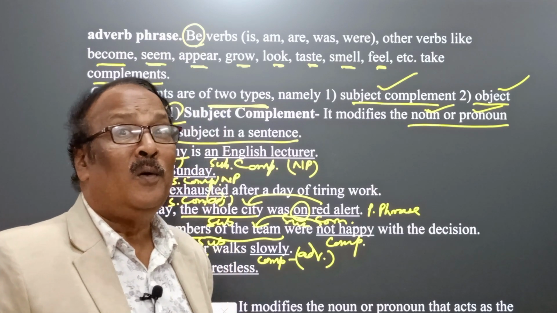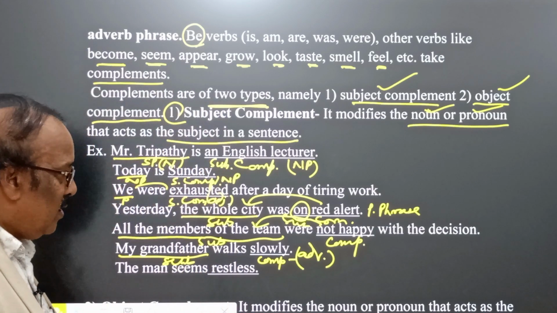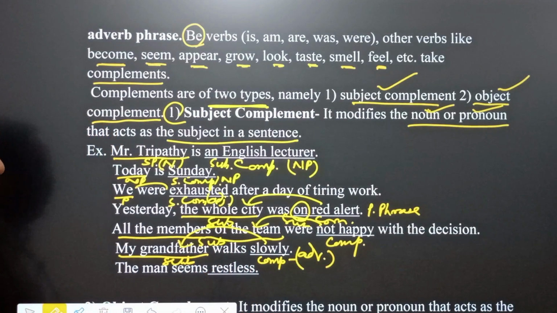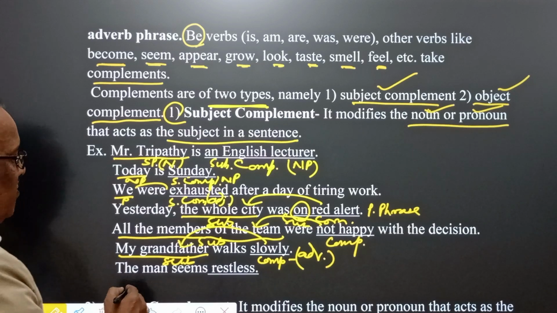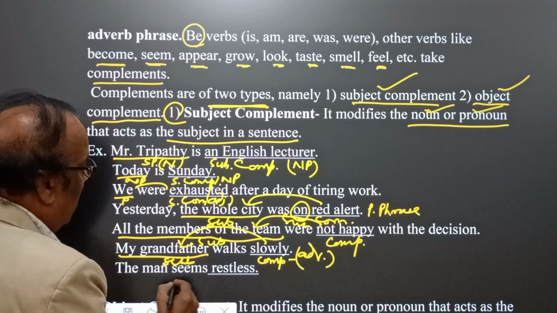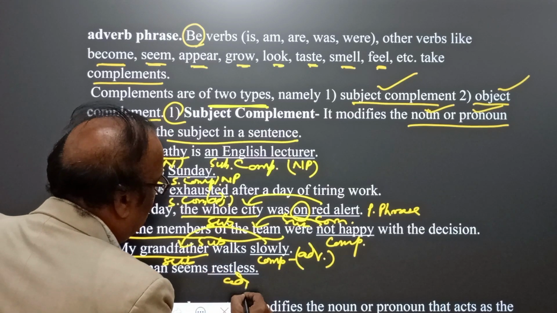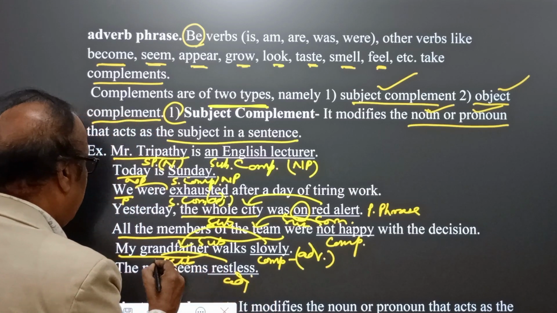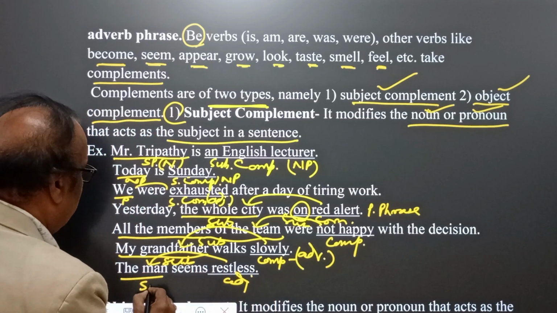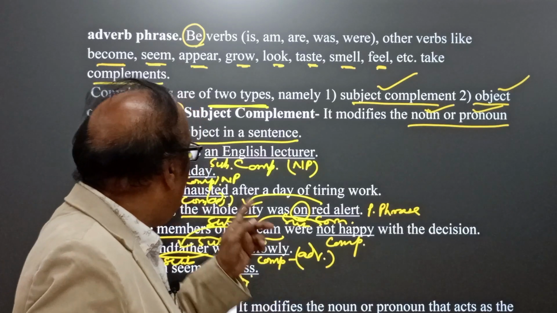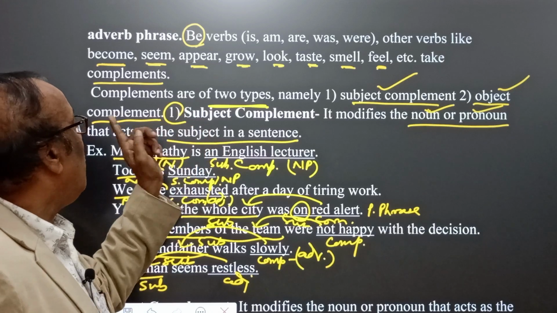Slowly is the adverb of manner, and this qualifies my grandfather. So here we find, the man seems restless. The man seems how? Restless. You see, restless, an adjective, qualifies the man. The man is the subject. And yes, this is the way we find subject complement.